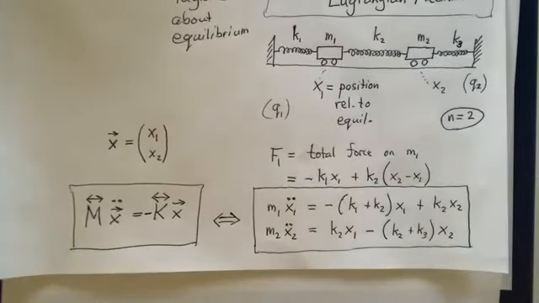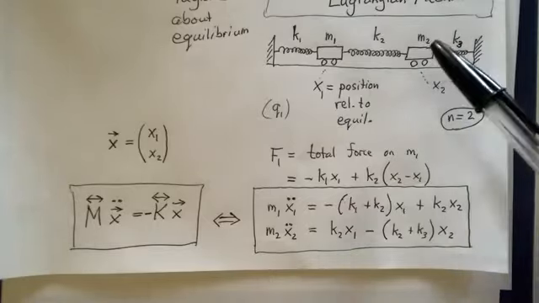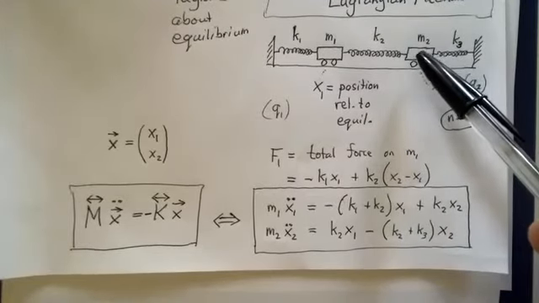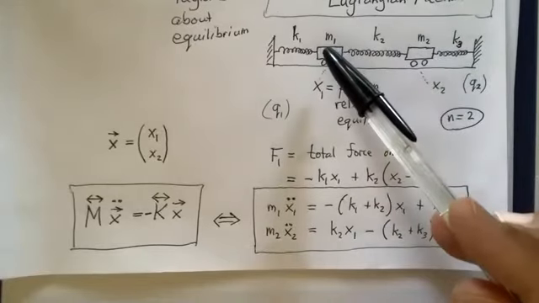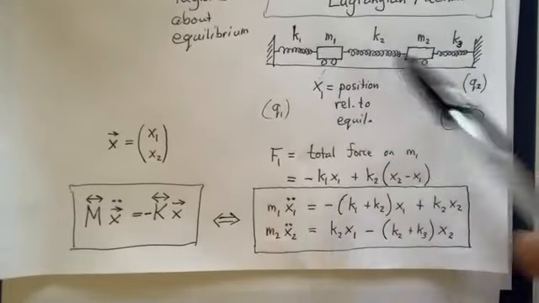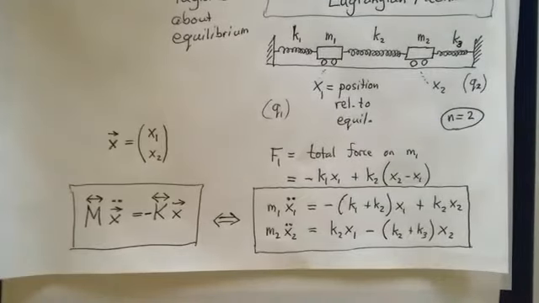And then you, as the experimenter, can prepare the system with the right initial conditions so that it is in a pure mode. If you build this, you can have an initial displacement away from equilibrium here and an initial displacement away from equilibrium here, carefully measured out, so that when you release the two cars, they oscillate with the same frequency.